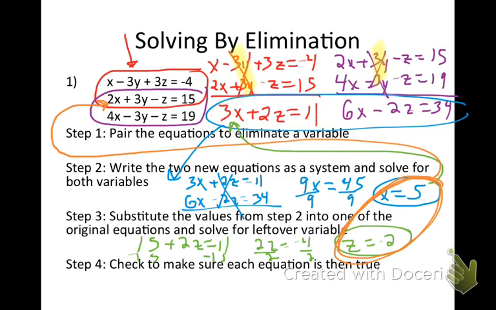So I'm plugging into that second equation there. So 2 times 5 is 10, plus 3y, plus 2 equals 15. Does everybody see where I get the plus 2? Because it's minus the negative 2. And now I simplify. So I get 3y plus 12 equals 15. Subtract 12. 3y equals 3.